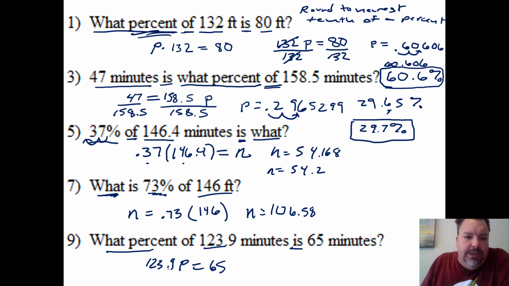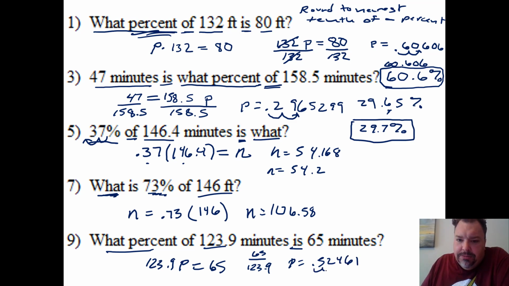In this case, we're going to divide both sides here. We're going to take 65 divided by 123.9. Because again, we're going to divide by the coefficient in front of P. So 65 divided by 123.9. And in this case, we're getting P equals 0.52461.